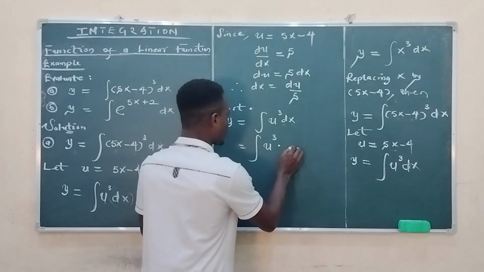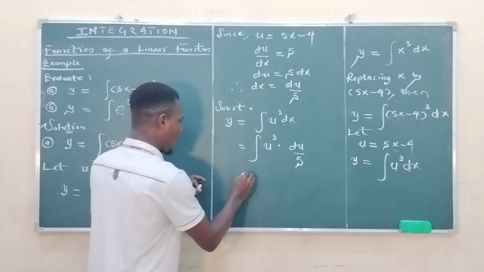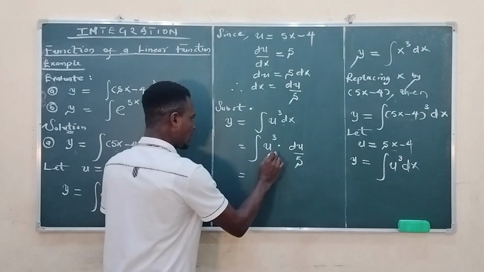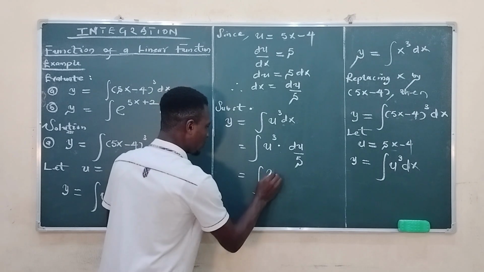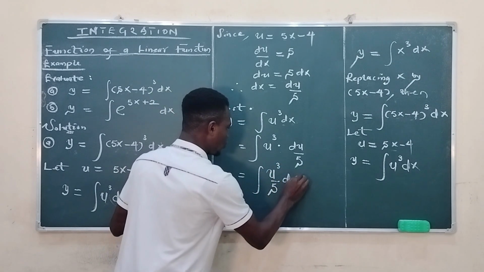So we substitute. We have the integral of this times this all over 5, which is going to give us u raised to the power of 3 all over 5 du.